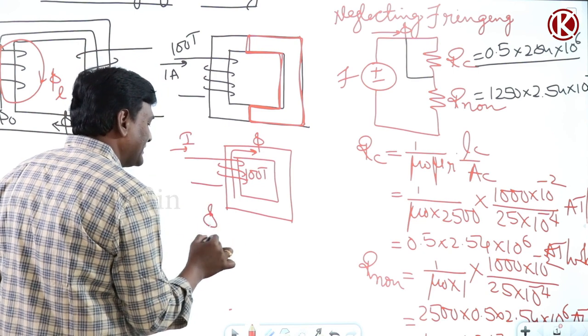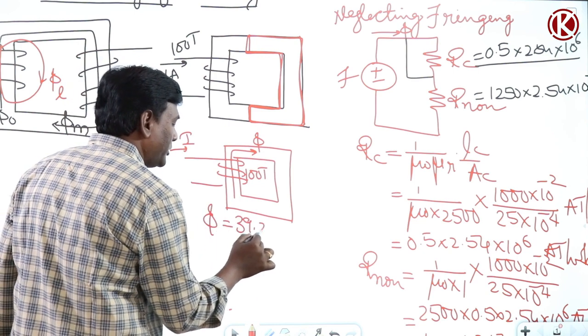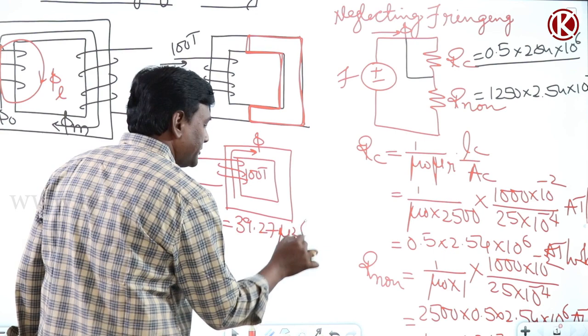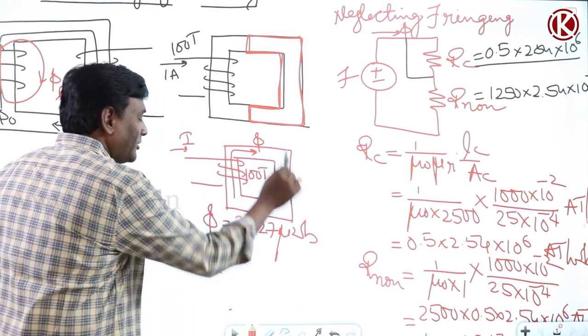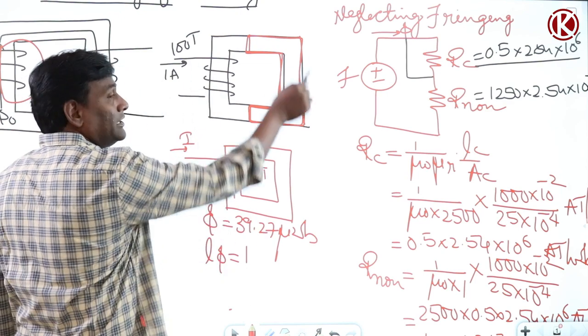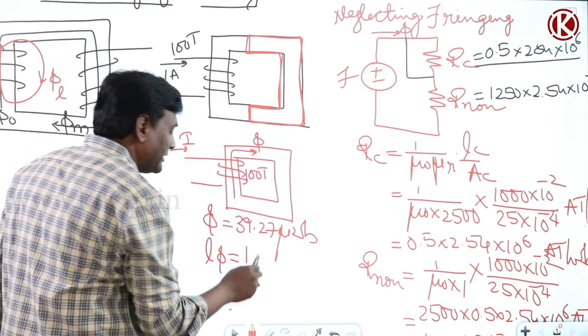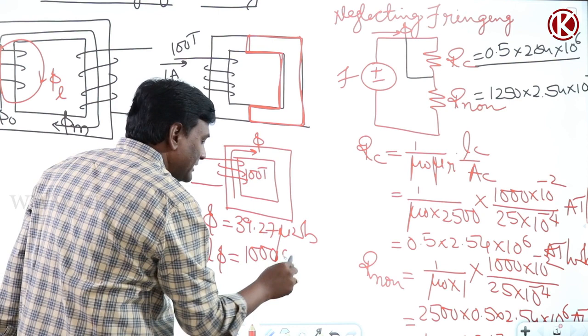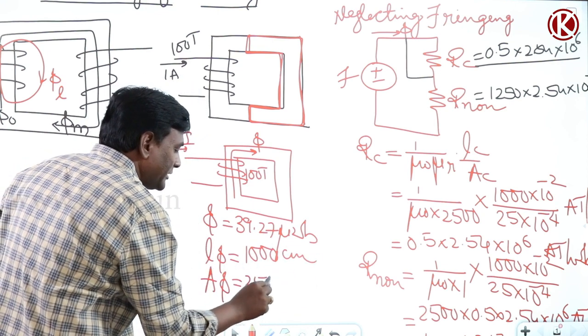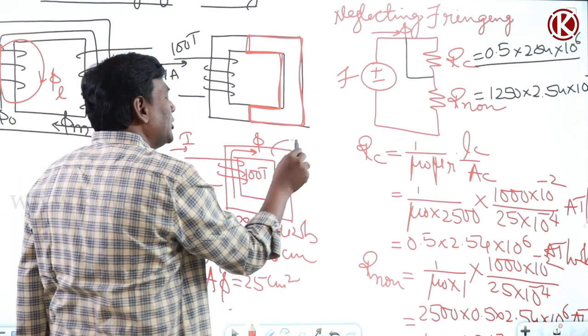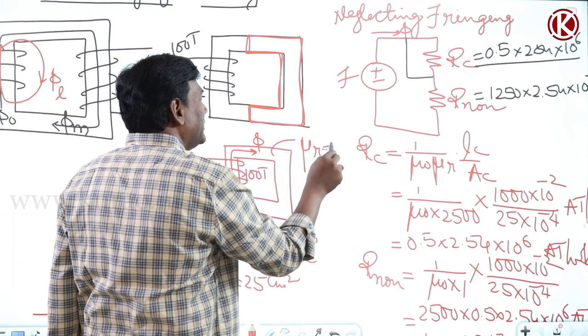The flux requirement is 39.27 microwebers. And what is the length of the flux path? The total length of the flux path is 2000, 50% can be neglected, so it is going to be 1000 centimeters. Area of cross section of the flux path is 25 centimeters square, and relative permeability of the total medium is 1.